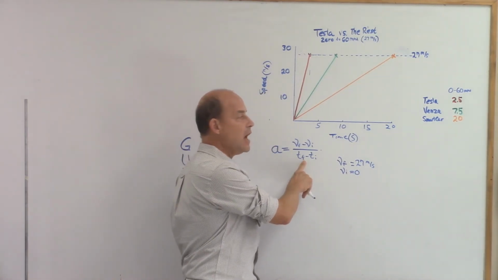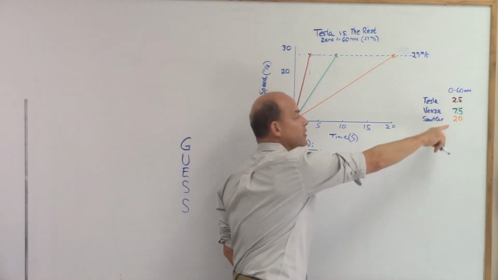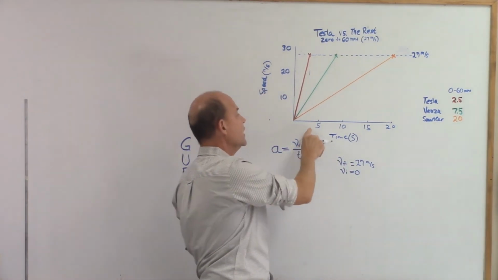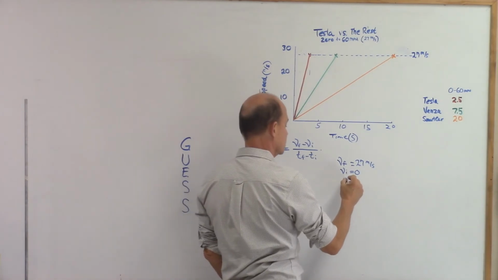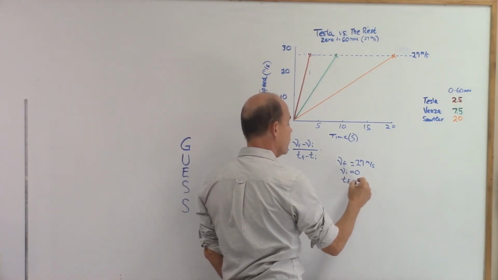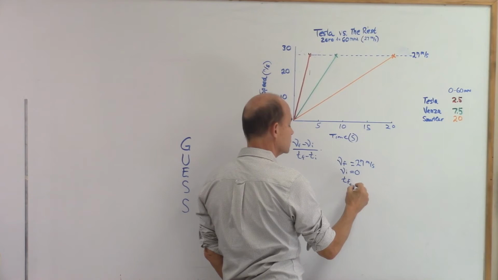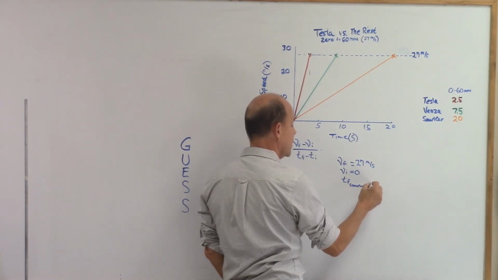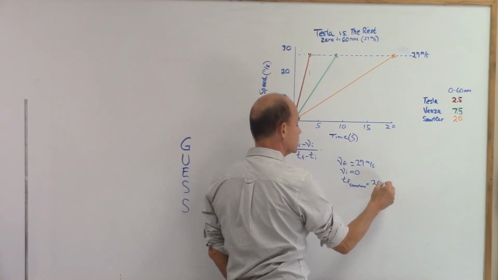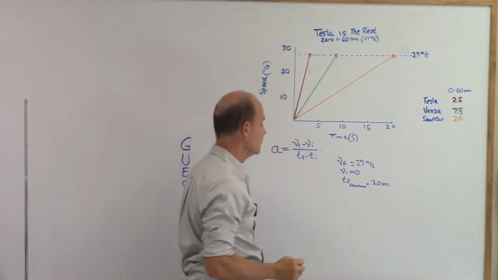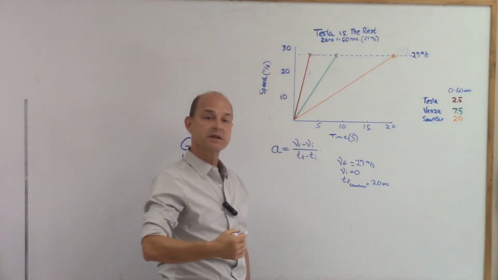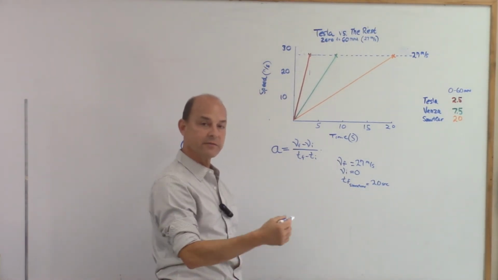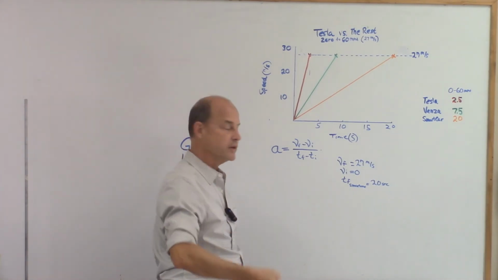The final time is whatever it takes to get to 27 meters per second. So for our SmartCar, it's 20 seconds. Okay? And then our initial time, well, since this is a race, a drag race, if you will, the time always starts at 0.